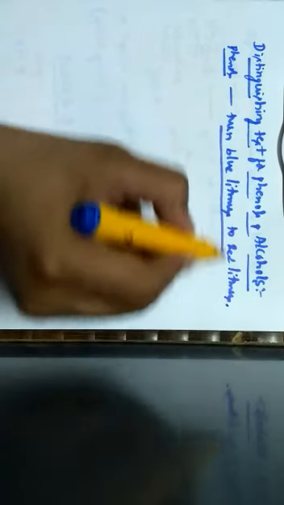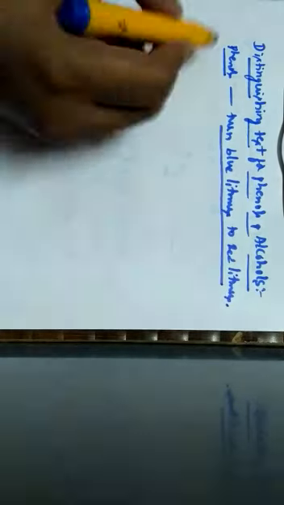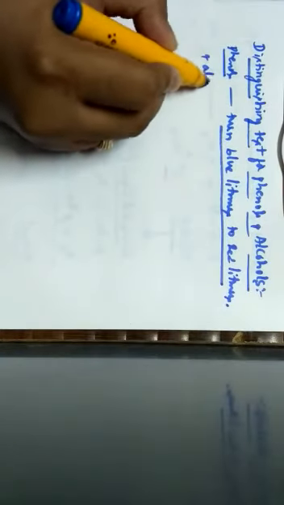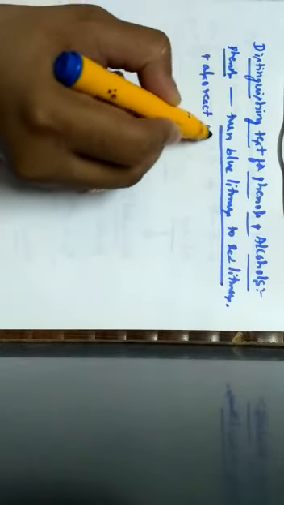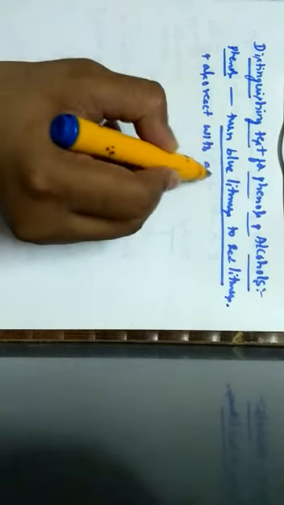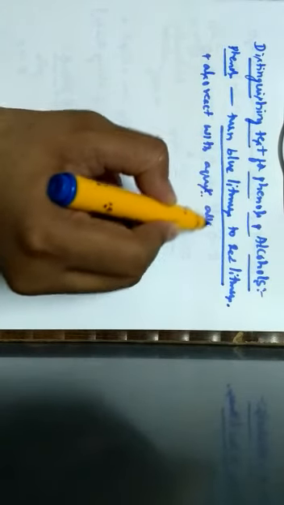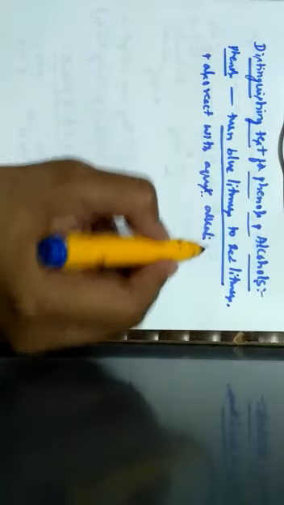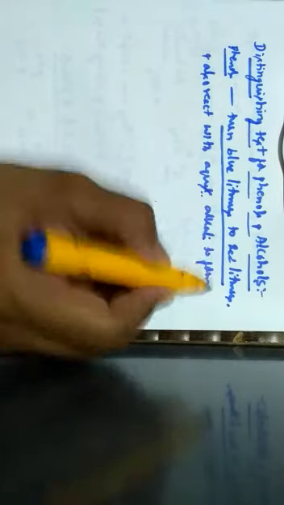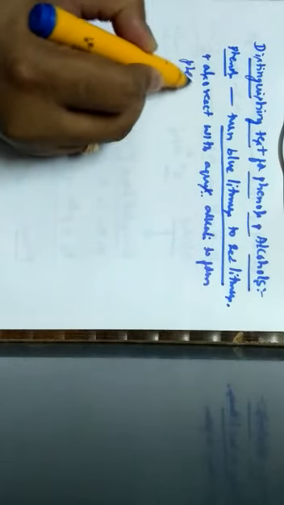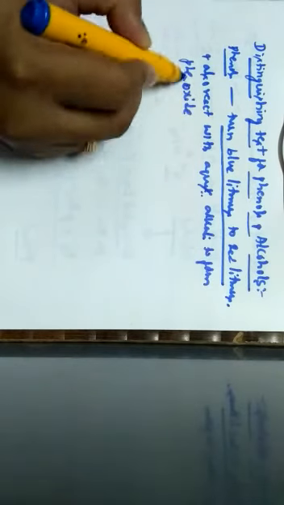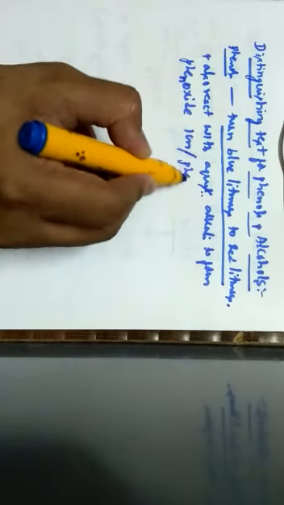So it can easily turn blue litmus paper to red litmus paper, and it can also react with aqueous alkali to form a phenoxide ion, or it can also form phenates.